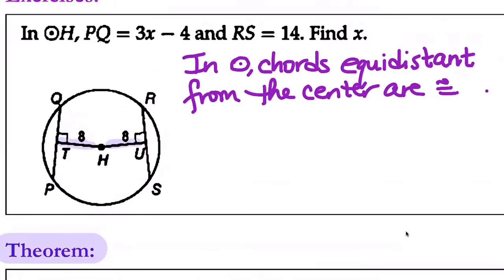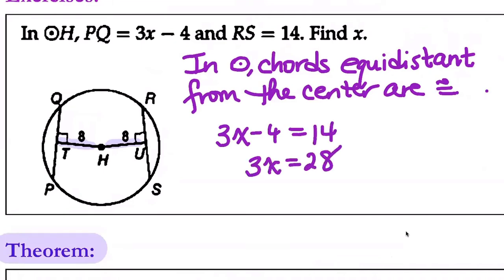So that means that 3x minus 4 will equal 14. 3x is 18. X is 6. It just asked us to find x, so we have done that.